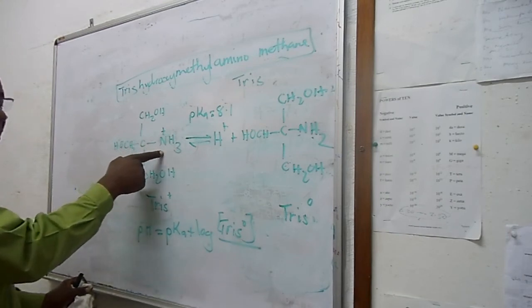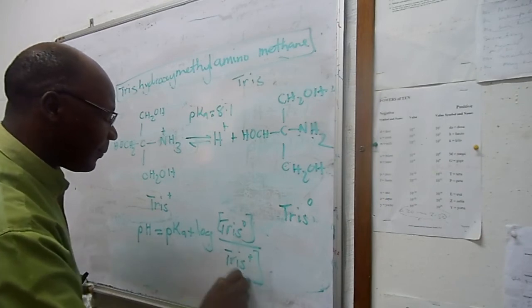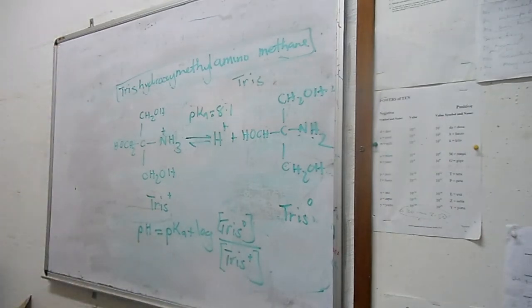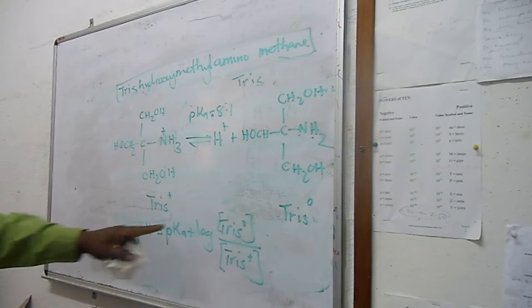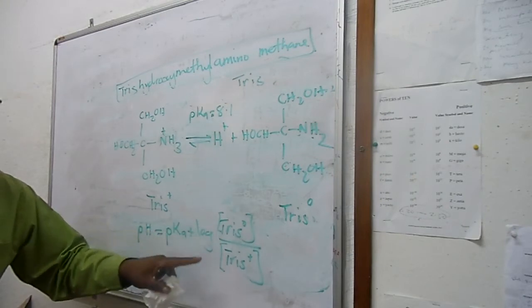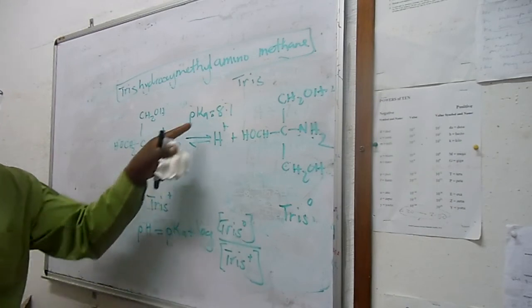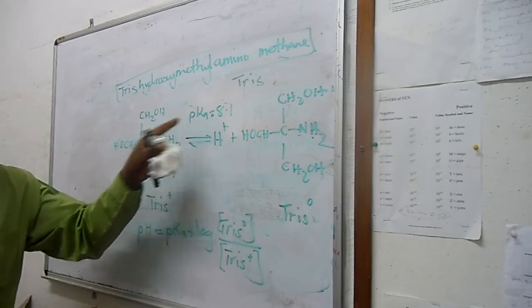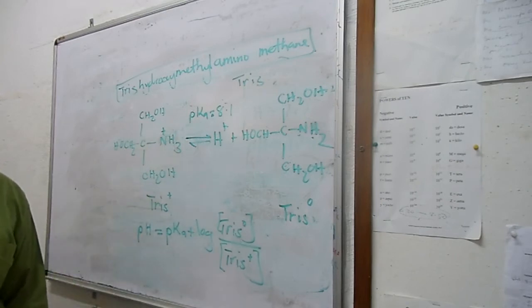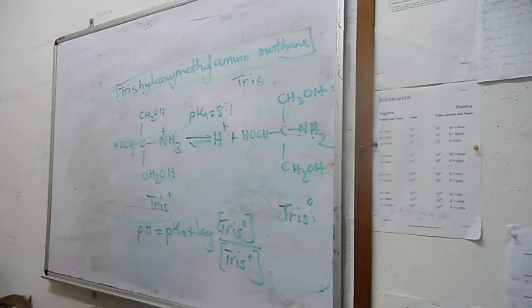The acid is the one that has more protons, so tris plus. If you have been given the concentrations of the unprotonated tris and the protonated tris, you can insert them there and set the pKa value, which is 8.1. Now there are many other synthetic buffers. I've just given you one.